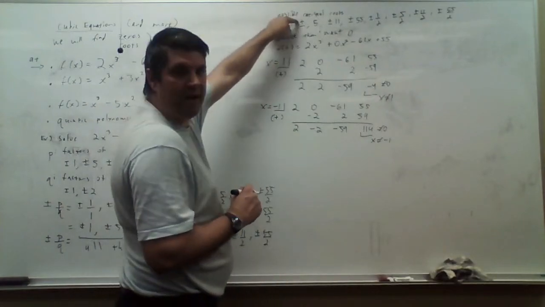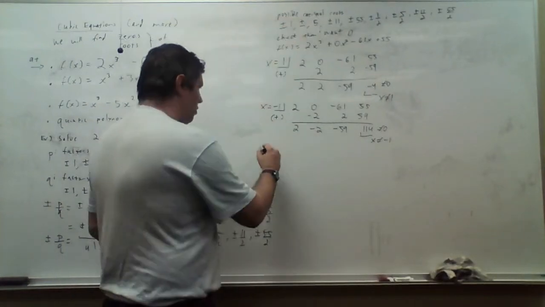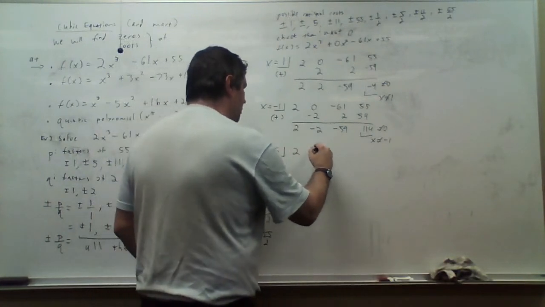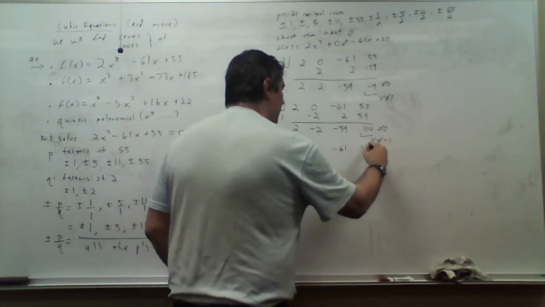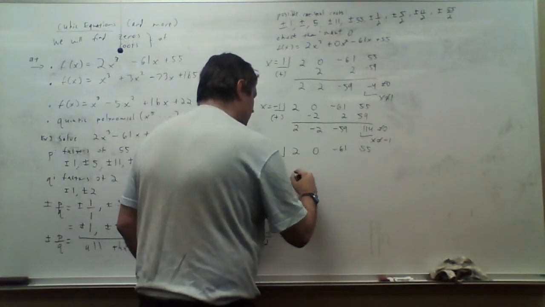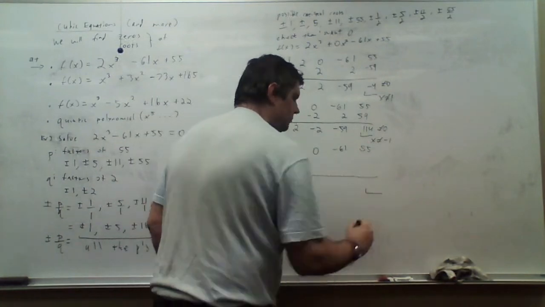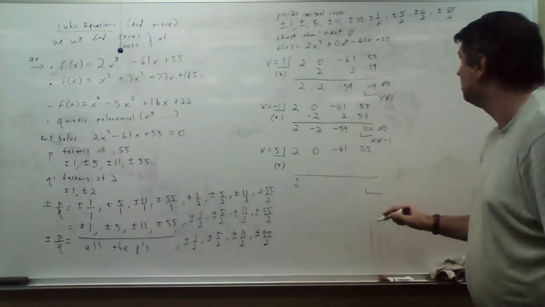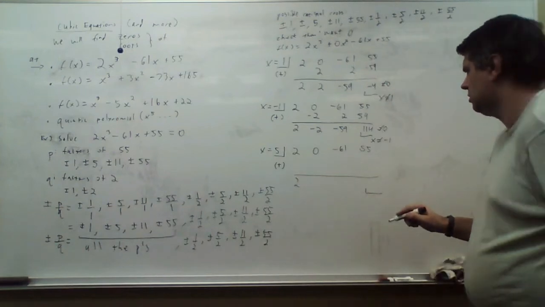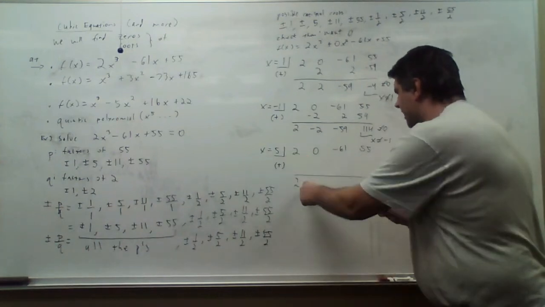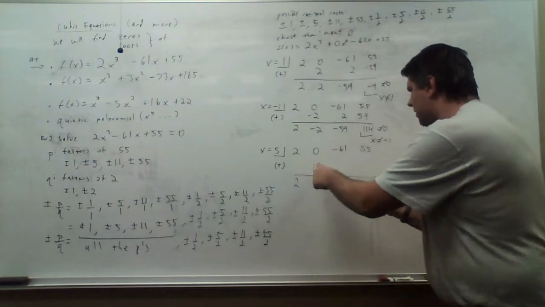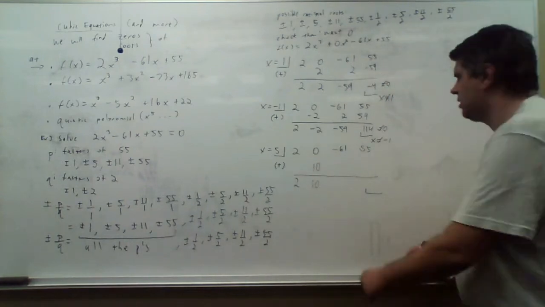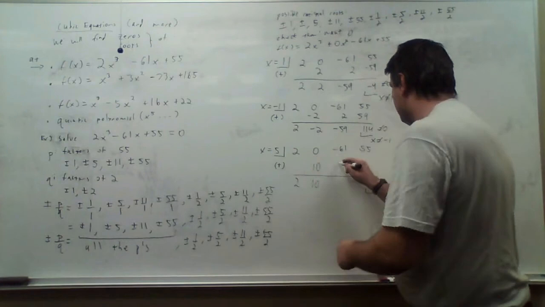So 1 failed. Negative 1 failed. Now we'll try positive 5. 2, 0, negative 61, and 55. Bring down the 2. 2 times 5 is 10. 0 plus 10 is 10. 5 times 10 is 50.